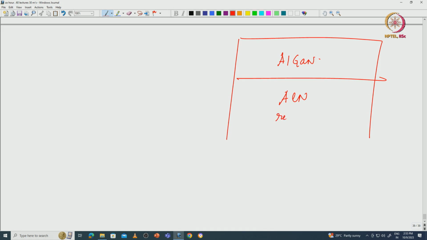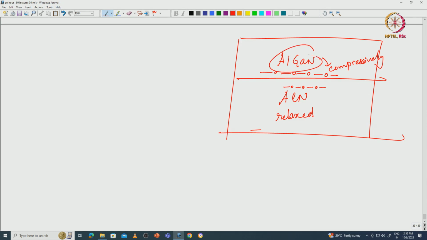Aluminum nitride is relaxed and AlGaN is compressively stressed, because the AlN lattice constant is much smaller and AlGaN is slightly wider, depending on the composition of AlGaN, of course. If you have aluminum at a very high percentage and gallium is low, then you are approaching AlN, but in general, say 20 or 30% Al, you will have a larger lattice constant for AlGaN. So it is compressively stressed; you are stressing it this way to mimic the crystal structure below.